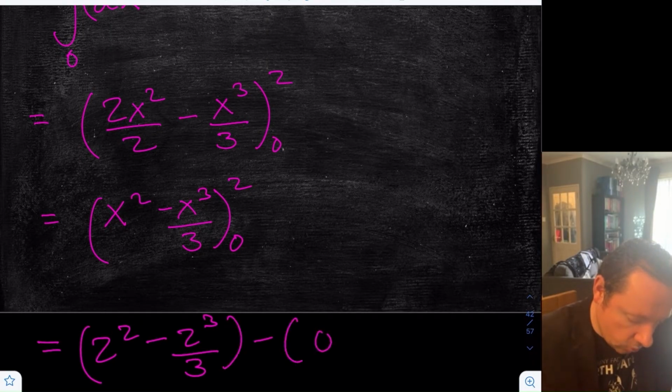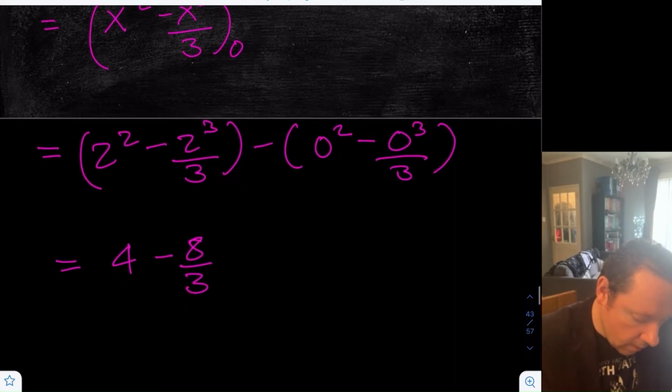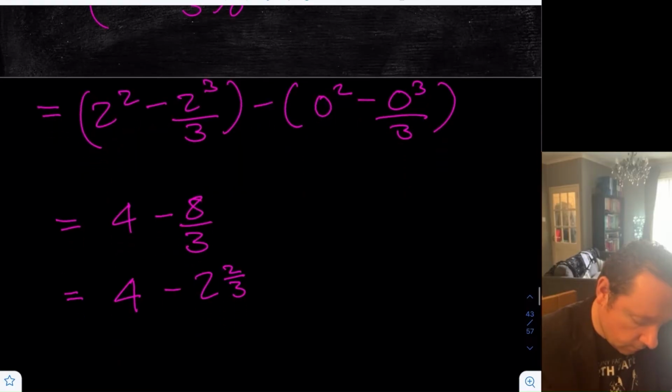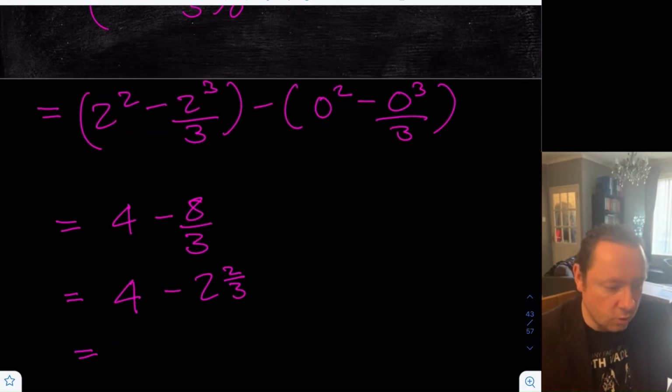Take away 0 squared minus 0 cubed over 3. That gives me 4 minus 8/3. That's 4 minus 2 2/3. That is 4 minus 2 is 2. Take away 2/3 is 1/3.